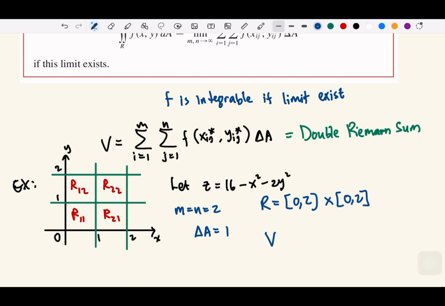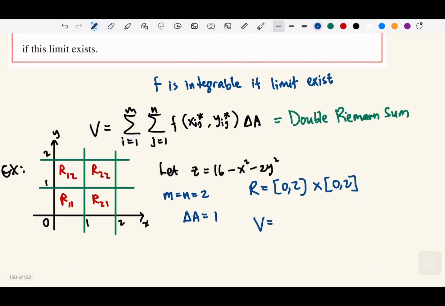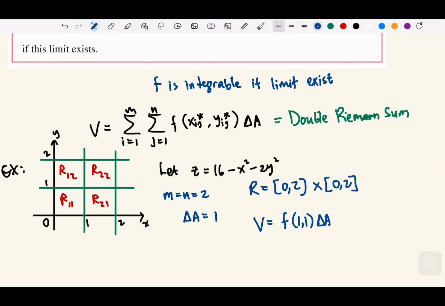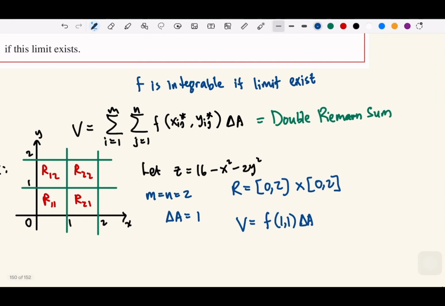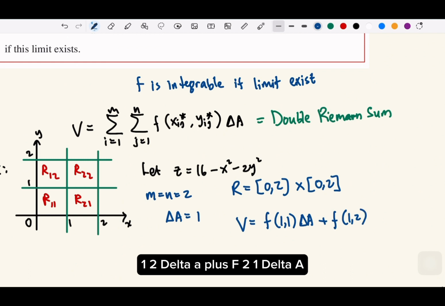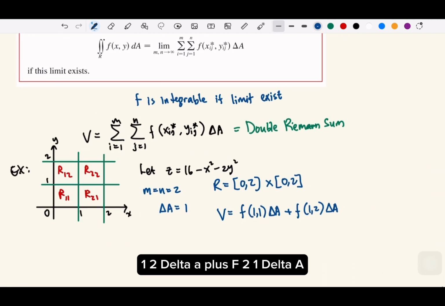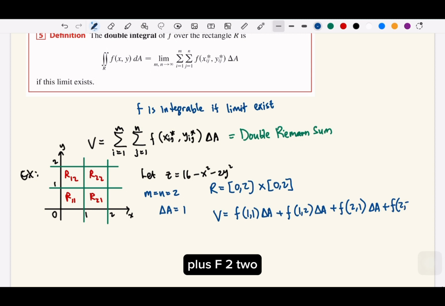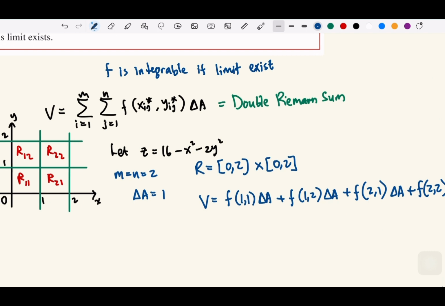So the volume, taking the sigma, I will write this as F 1,1 delta A, plus F 1,2 delta A, plus F 2,1 delta A, plus F 2,2 delta A. Since all delta A is 1, we can focus on the F.